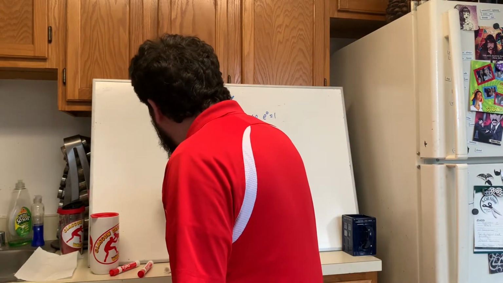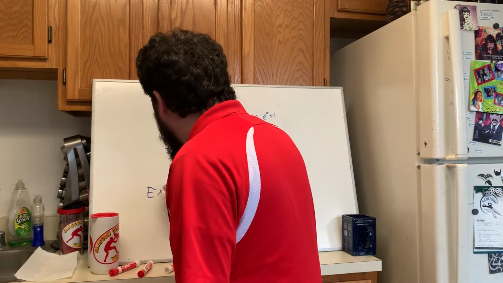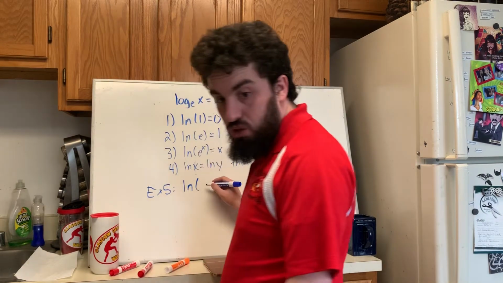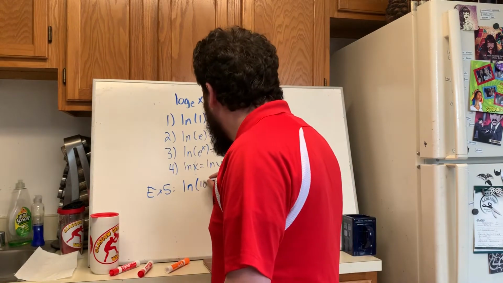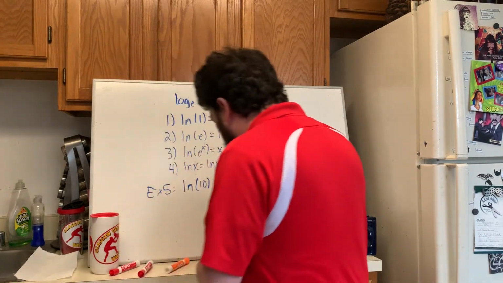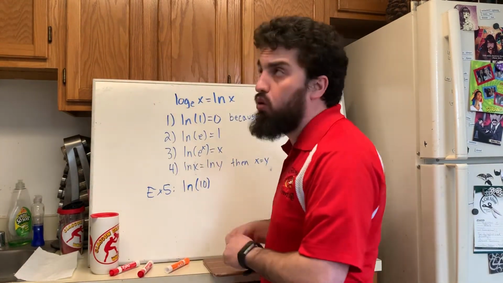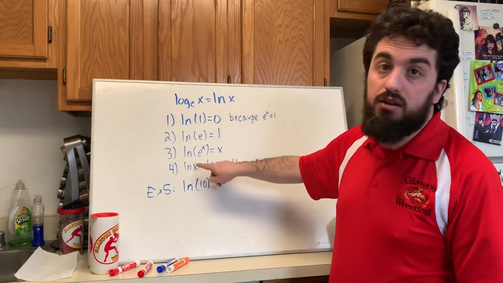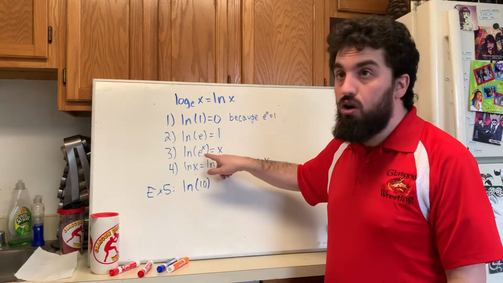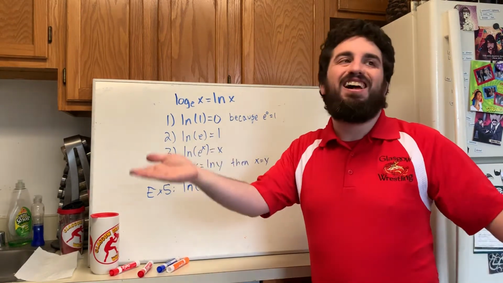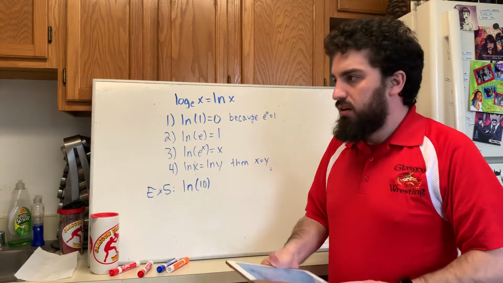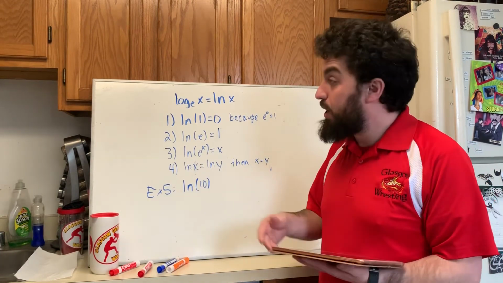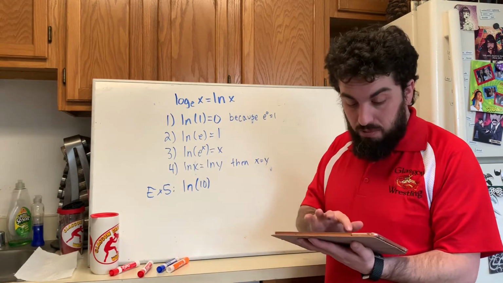Example 5 from our notes in this section: what is the natural log of 10? Natural logs are going to be incredibly difficult to calculate in your head unless it's something like this. If I see natural log of e to the 5th power, I know it's 5. Do I know what e to the 5th power is off the top of my head? No. Am I going to calculate that easily in my head?